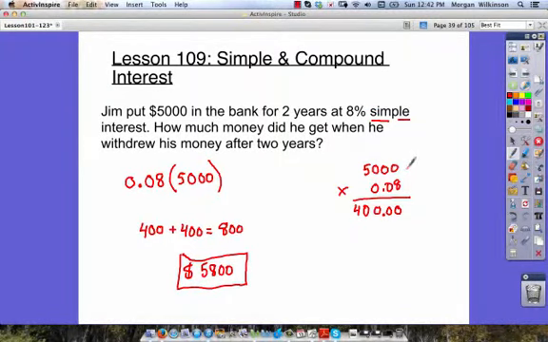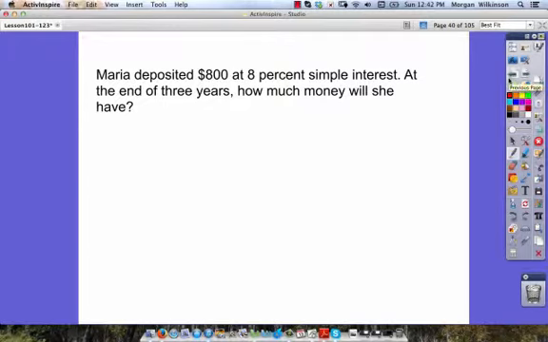Let's look at another problem with simple interest. Maria deposited $800 at 8% simple interest. At the end of 3 years, how much money will she have? Well, 8%, that's 0.08. 8% of $800 is how much money?